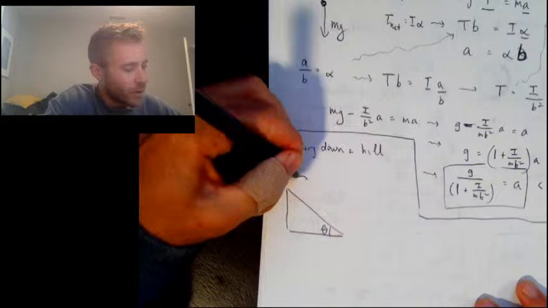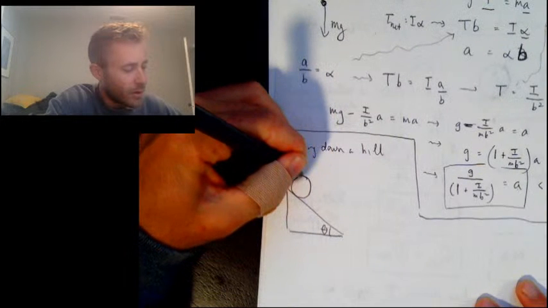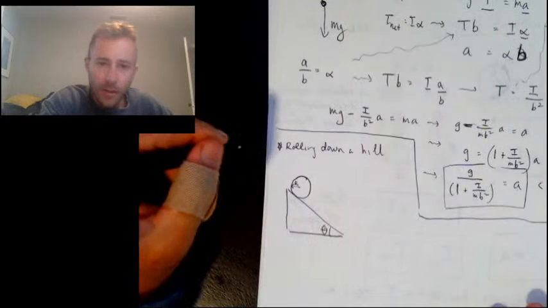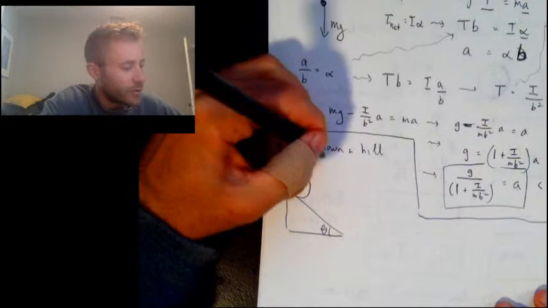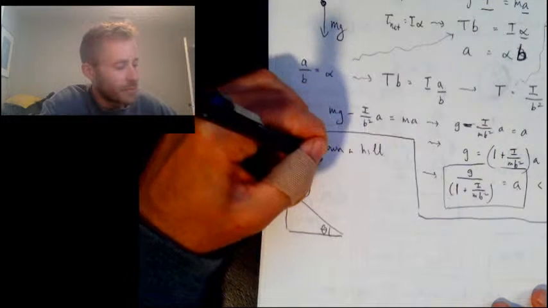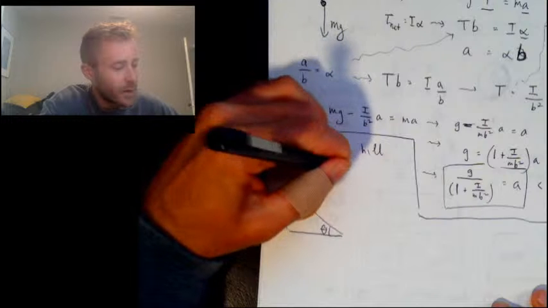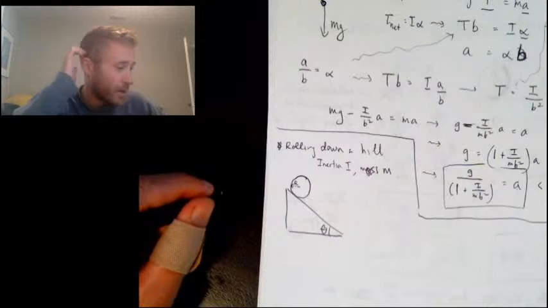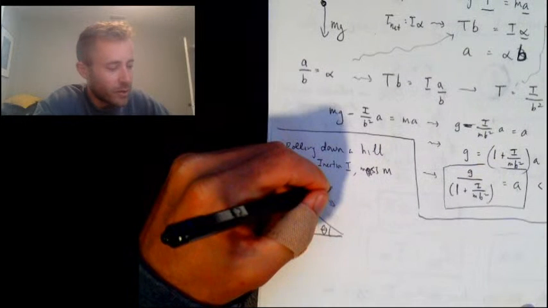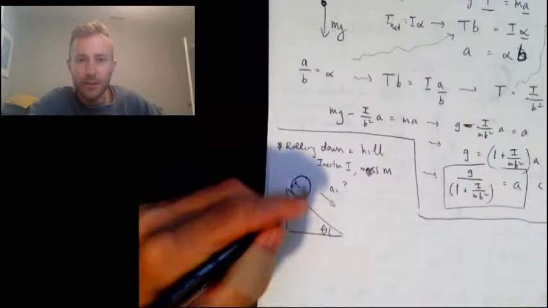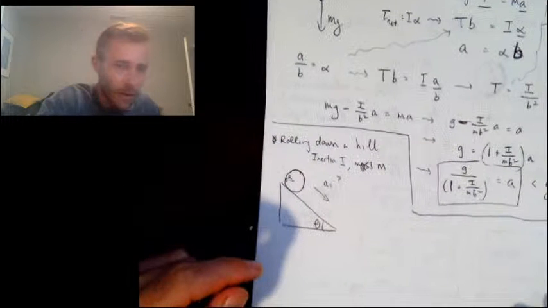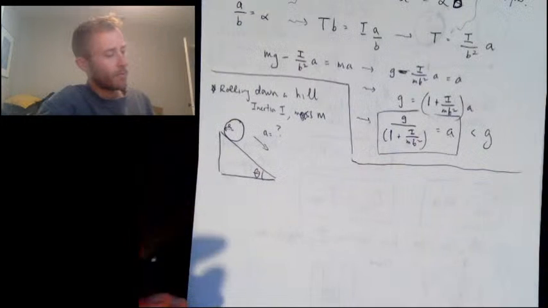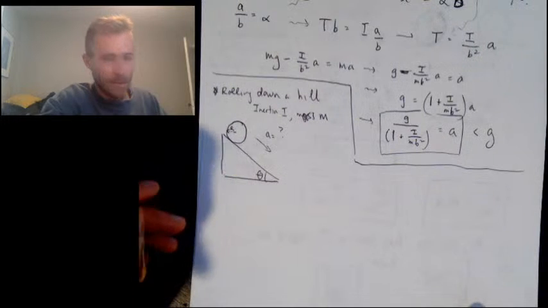And we have an object that has a radius r, and it has inertia I, and it has mass m. Okay? And we want to know, what is the linear acceleration of this thing as it rolls down the incline? All right. So let's go ahead and calculate it.